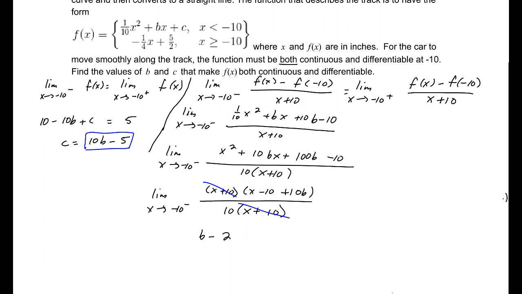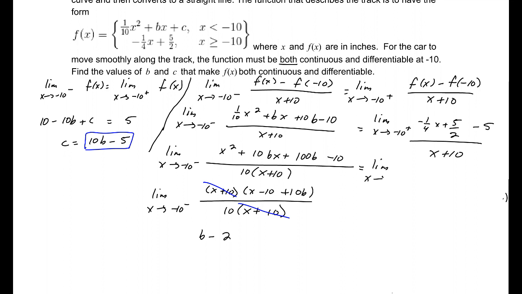All right. Now the limit from the right is very similar. Evaluating that, I'm going to have equals the limit as x approaches -10 from the right of -1/4 x plus 5 over 2 minus 5, over x plus 10.